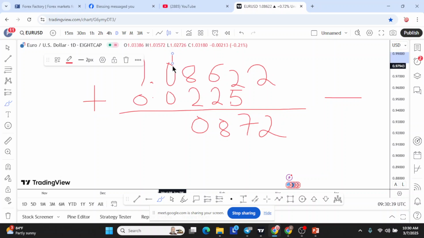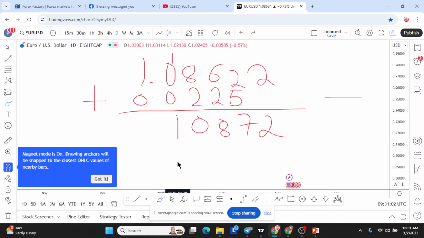Then 1 plus 0, we still have 1. So this means that if this current exchange rate goes up by 225 pips, the new exchange rate we are going to have will be 1.10872. So that is if the price is going up with a value of 3 digits.